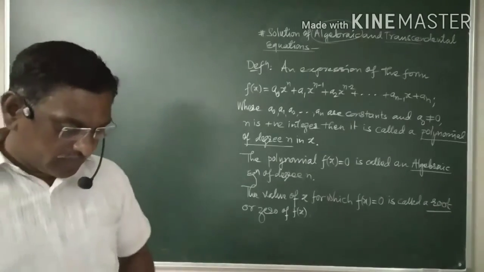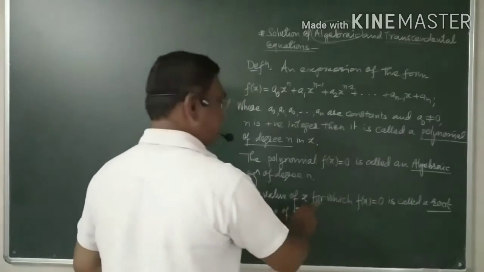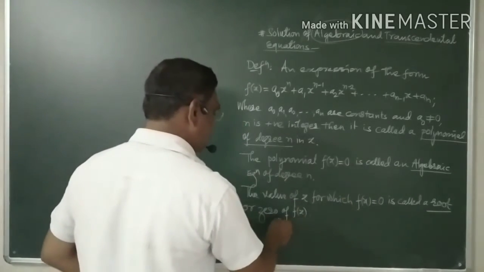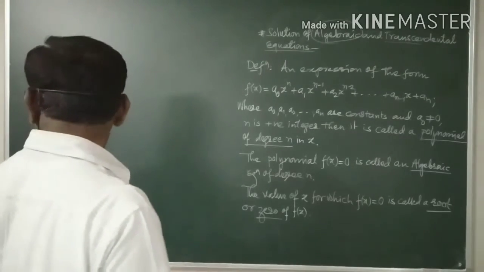Well, now the value of x for which this holds is called a root or zero. Let me underline this word here, zero of f(x).